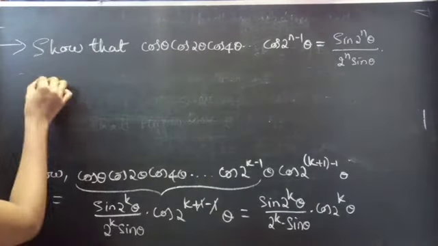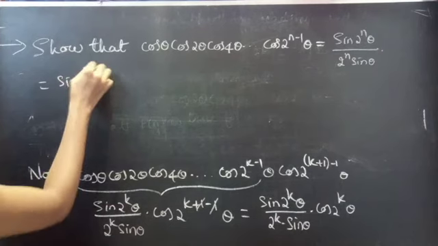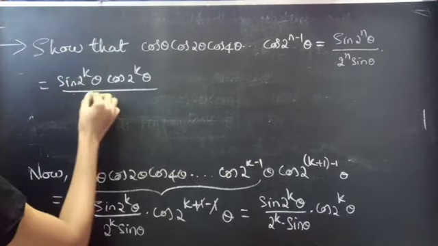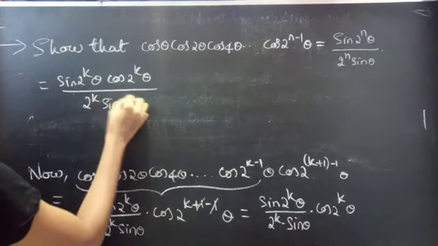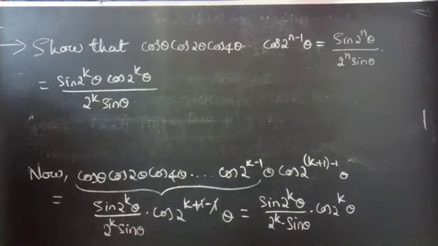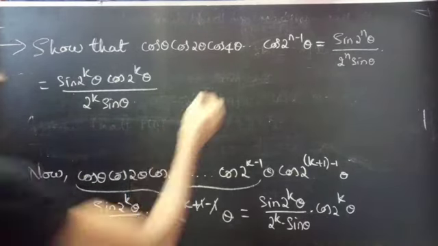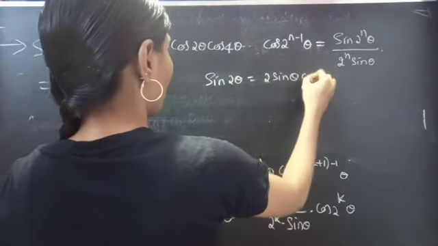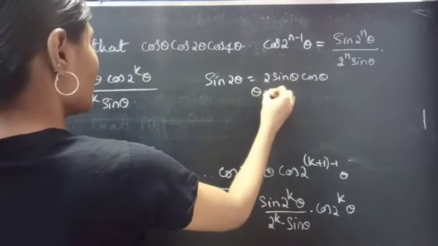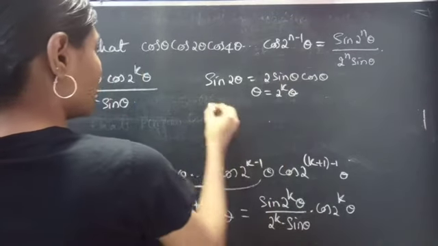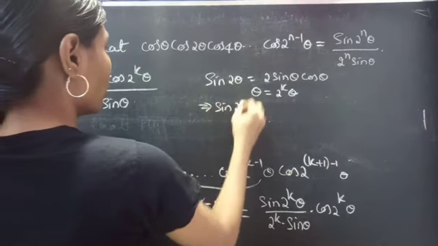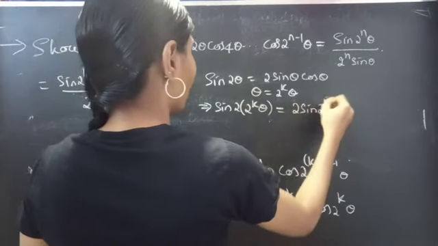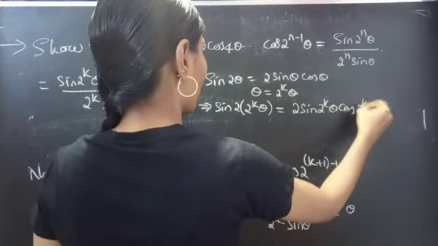This is equals to, we can rewrite it as sin 2 power k into theta into cos 2 power k into theta by 2 power k into sin theta. Since we know that sin 2 theta equals 2 sin theta into cos theta, if you replace theta by 2 power k into theta, we'll get sin 2 into 2 power k into theta equals 2 sin 2 power k into theta into cos 2 power k into theta.